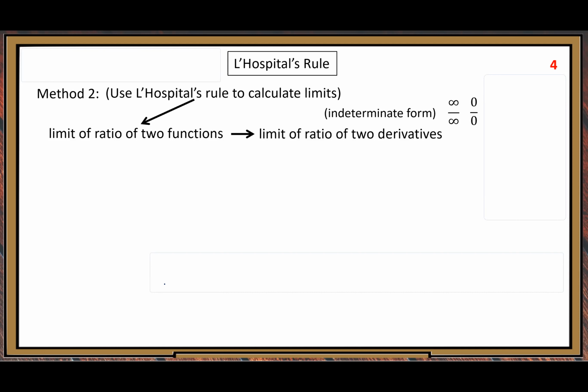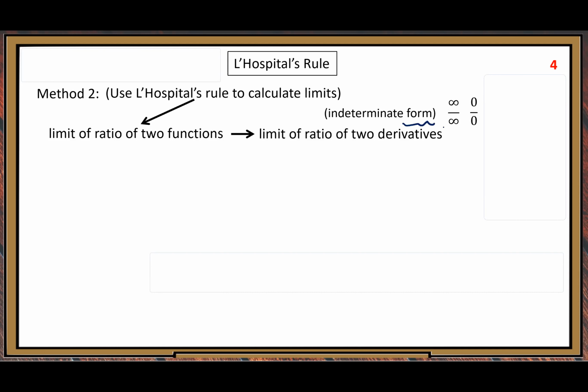The second one is 0 over 0. If some of you have knowledge of calculus, fine, but here I do not require it. I just talk about this indeterminate form, infinity over infinity.